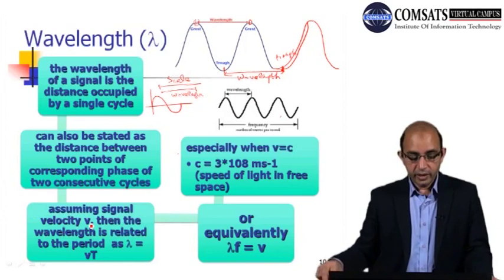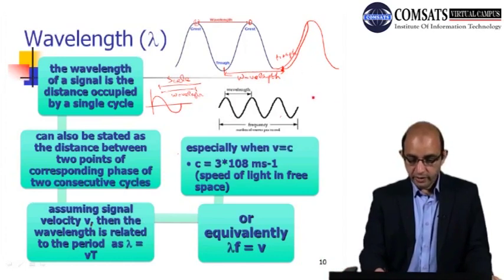If the velocity of the signal is represented by V, we know the typical formula, S is equal to Vt, where S is the distance, V is the velocity, and t is the time.